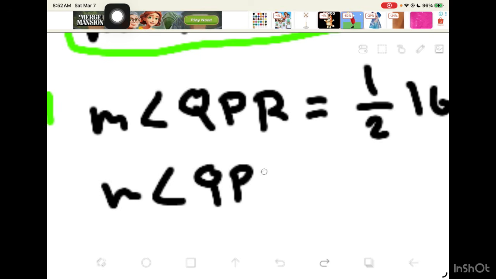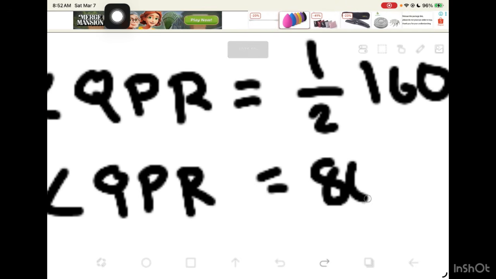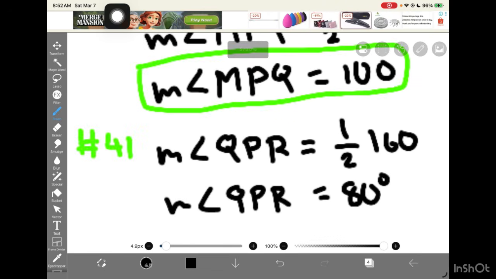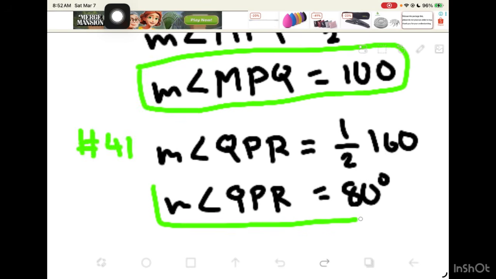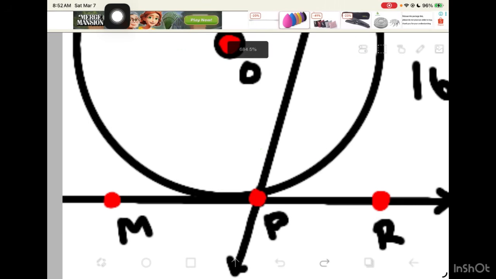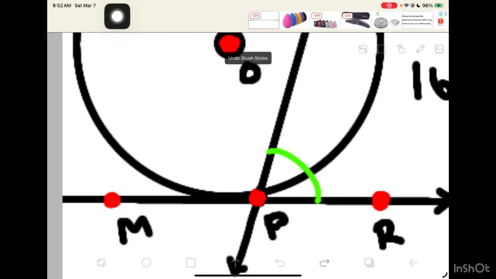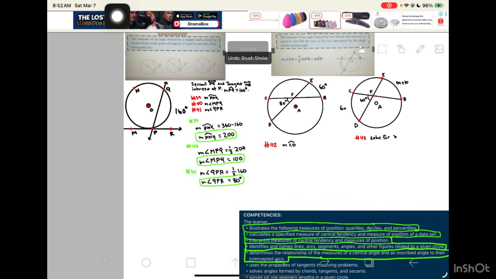QPR is equal to 80 degrees because of the theorem. You can also say, since this is 100 degrees and this is a straight line, you can also say this is 80 degrees. So that's also an acceptable solution. Okay. Next one.